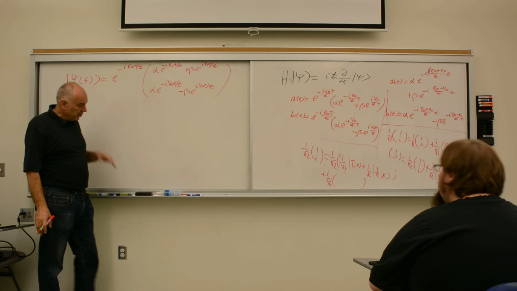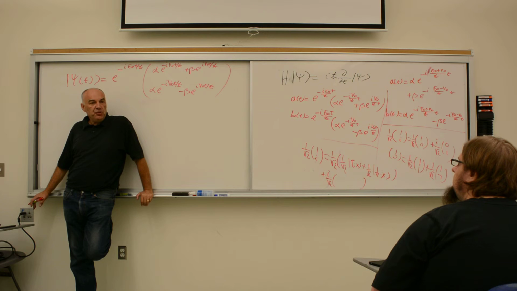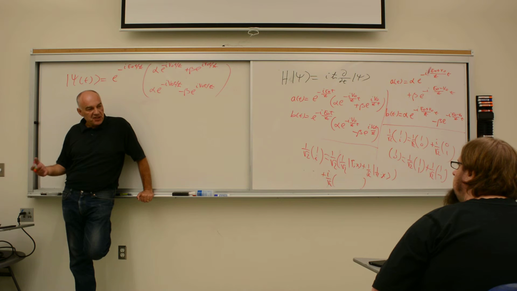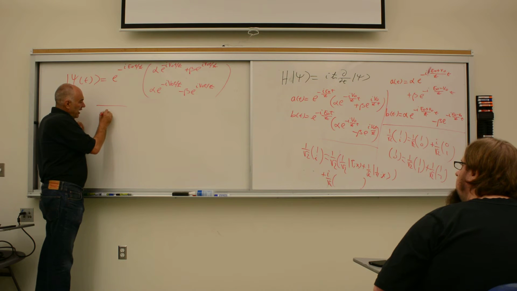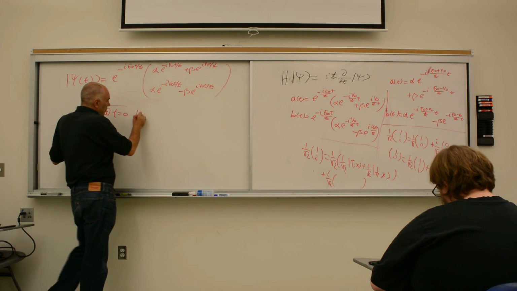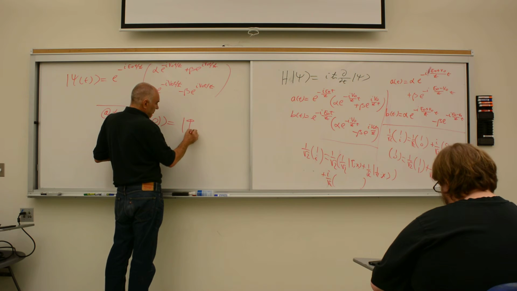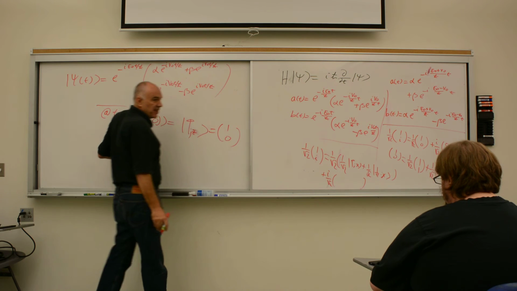Now, to answer our original question, if we prepare the state initially to be the state with the spin in the z direction, what is the chance that at some unspecified later time that state has spin in the positive x direction? This is how we do it. From the statement that at t equals 0, psi of 0 is this, which means that at t equals 0, I have this as a state.